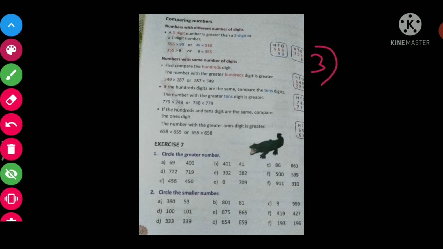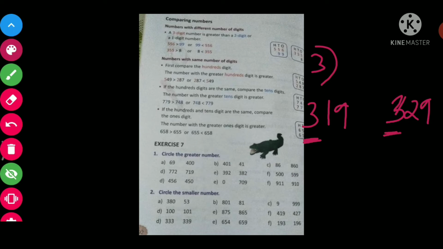The third rule is, if the 100 place values are the same, then we'll move to the tens place value. Suppose 319 is there and 329 is there. First of all we'll see the 100 place value. Here 3 is there, here also 3 is there, right?